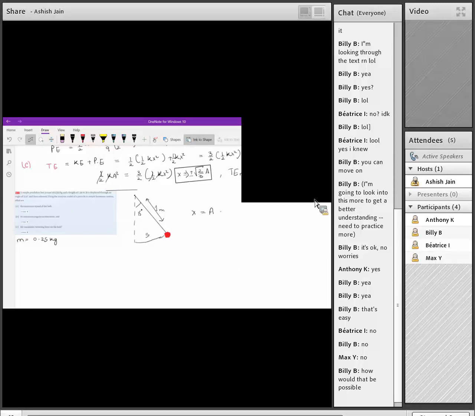If this is your simple harmonic motion, if you remember, displacement of a simple harmonic motion is given by this, then dx by dt, that is velocity, is given as A omega sine of omega t plus phi, and acceleration is given as this.